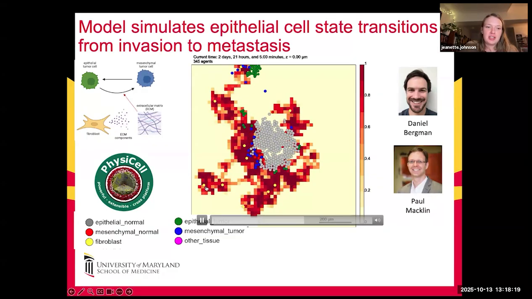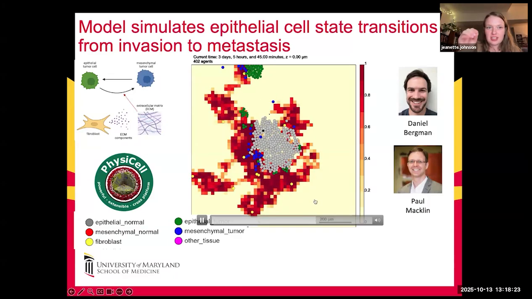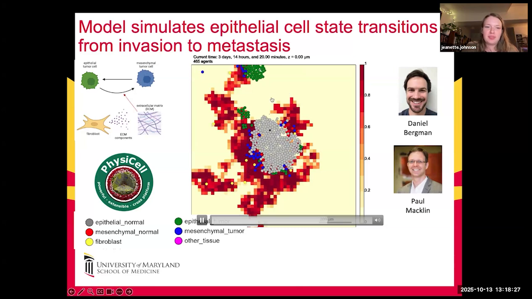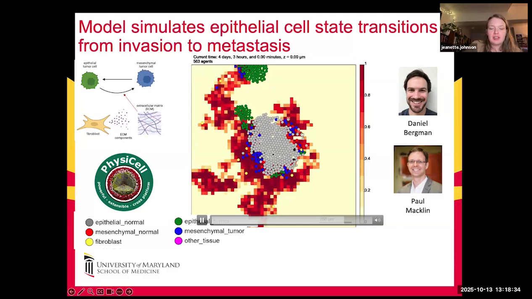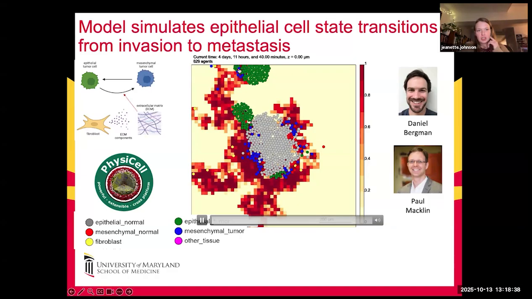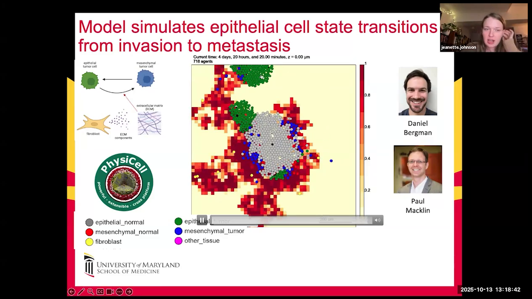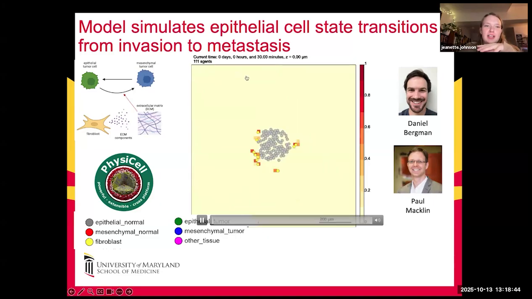You can also see these yellow agents here. The fibroblasts are depositing this substrate, which is extracellular matrix. And we can see here that the cells become motile, they move away from the tumor mass, and then some of them have switched back into the proliferating type, and they're forming what I would call satellite colonies off to the side.